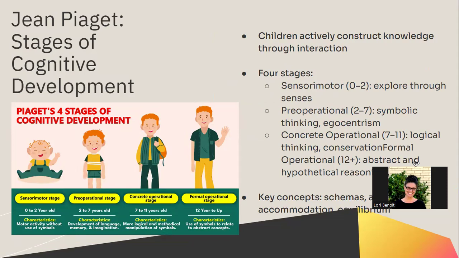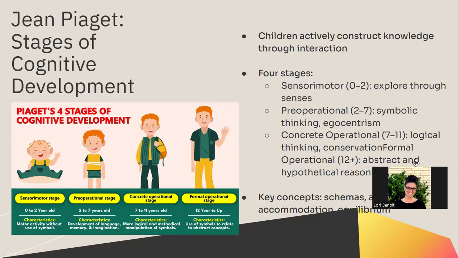Next is Jean Piaget's stages of cognitive development. Piaget viewed children as active learners who construct knowledge in stages. These stages, sensorimotor, pre-operational, concrete operational, and formal operational, help us understand what kinds of tasks students can handle at different ages.